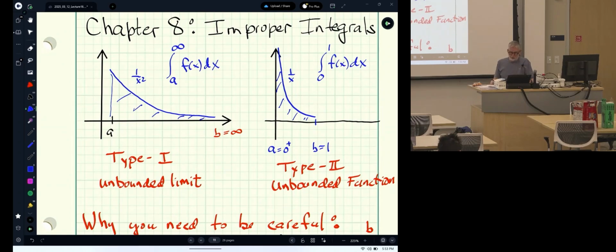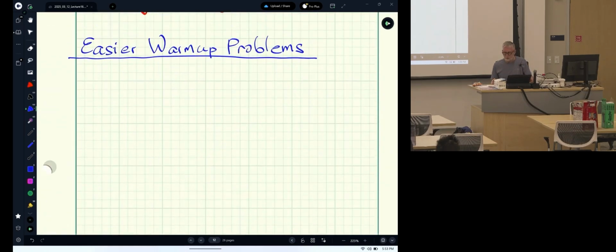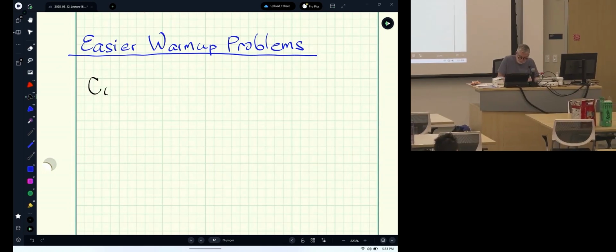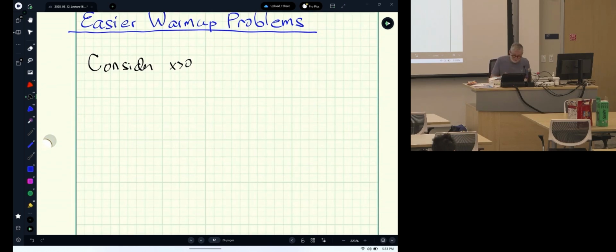Type 2 is also in the textbook. If you come across them in some problem you're working on, you can go back and get it. Okay, so we'll do problem 1. So let's take x positive and do the integral from 1 to x of 1 over y dy.